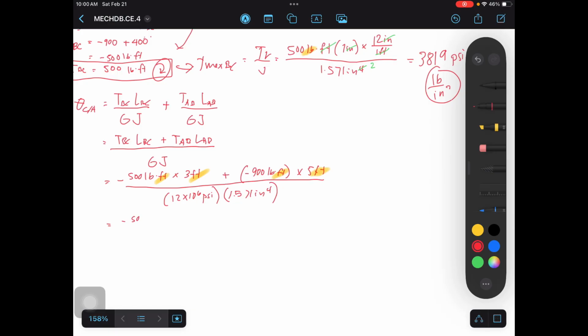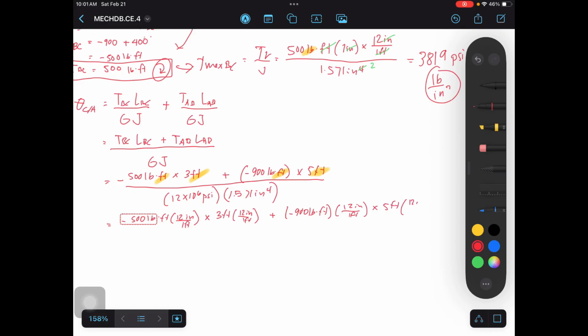So, equation will be negative 500 pounds-feet times 12 inch over 1 foot times 3 feet. Kasi 3 feet din kailangan inches. Plus negative 900 pounds-feet. Convert 12 inches, 1 foot, times 5 feet.